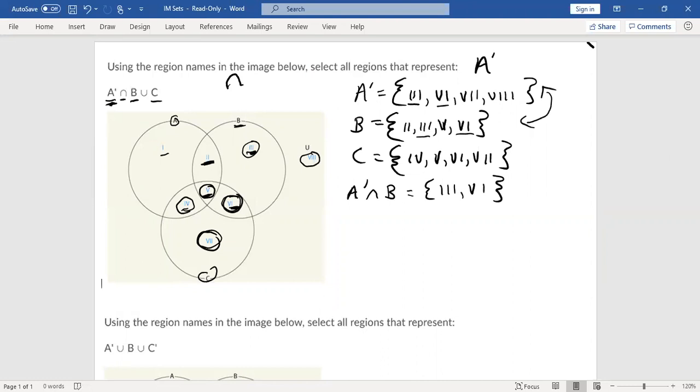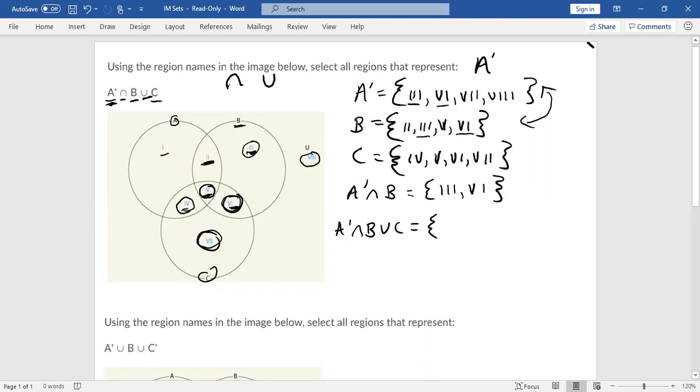So the last part says union with C. So when you see this U-shaped, it means you're just going to join them both together and form one new set. So you're just going to combine everything. But if there's any duplication, you only list that one time. So now when I take the answer above and combine it with C, I would get 3.